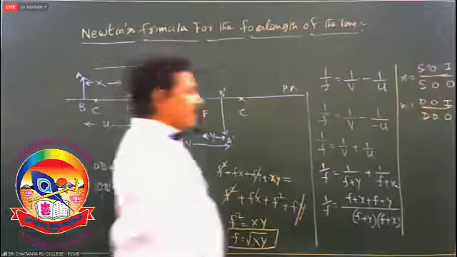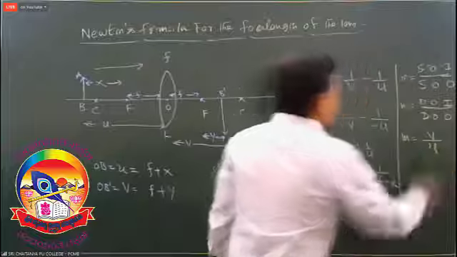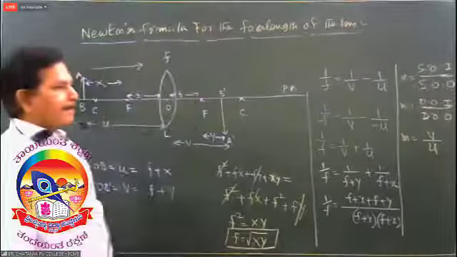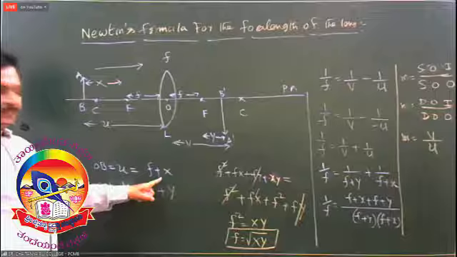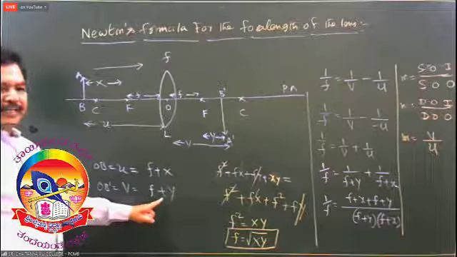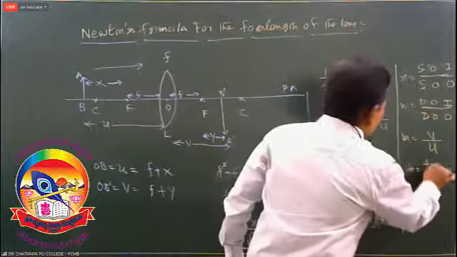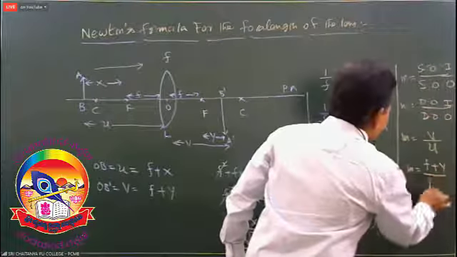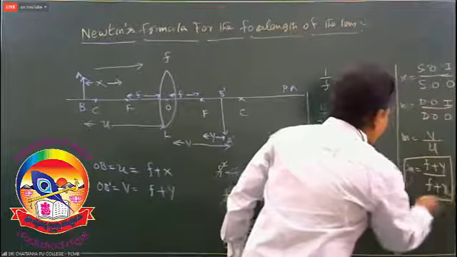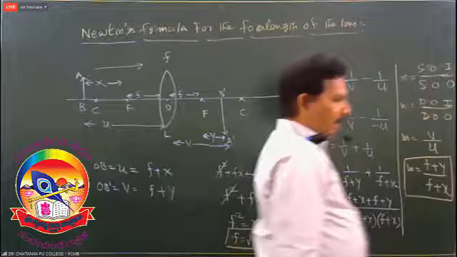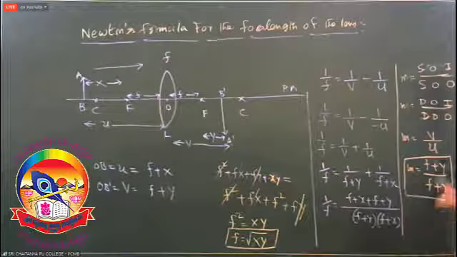The distance of the image is v. The distance of the object is u. But u is equal to f plus x and v is equal to f plus y. Therefore, m is equal to f plus y divided by f plus x. The magnification of the lens in terms of x, y and f.